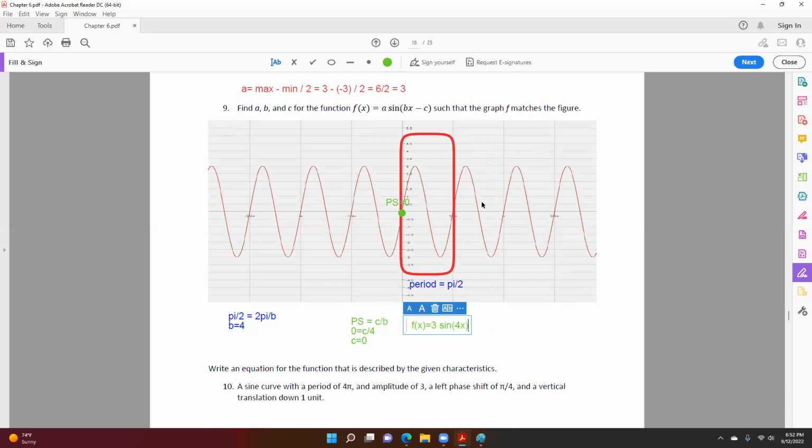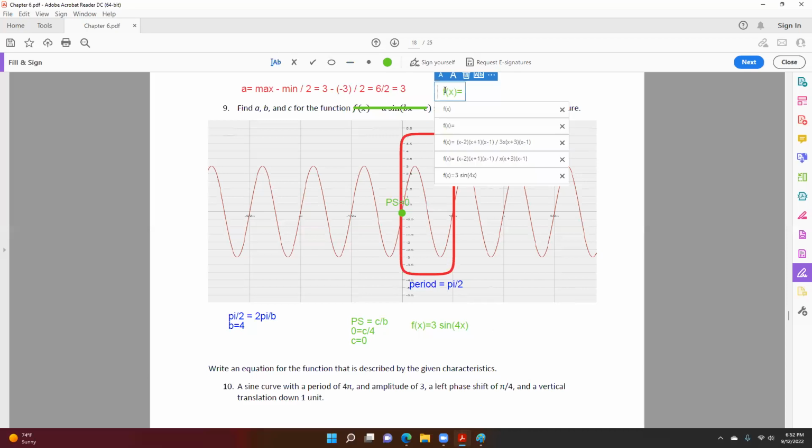Now, if I change this question to become f of x equals a cosine of bx minus c, yes, I can change it to cosine. Then we are not using this box anymore because this is no longer a sine wave. A cosine is a whole value.